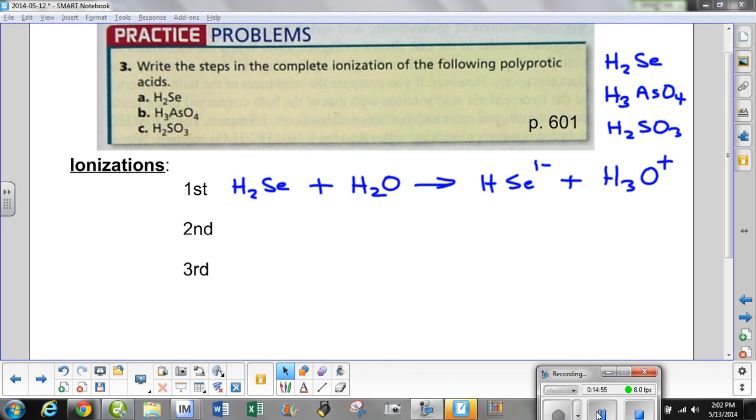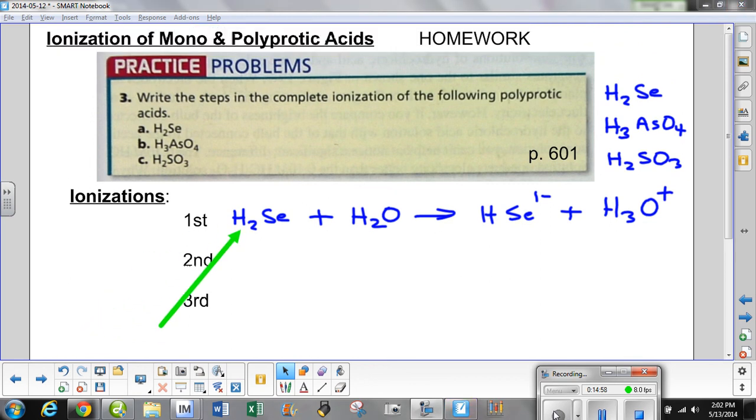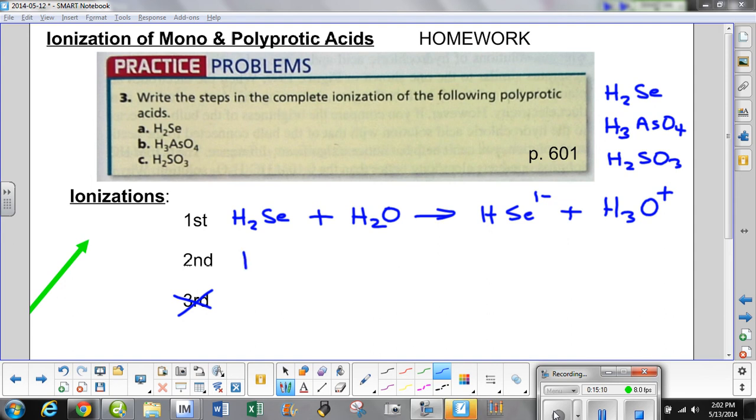Here, let's stop this. Okay, again, we have 2 hydrogens. Because we have 2 hydrogens, we can only have 2 ionizations. There's no third ionization. Okay. So the next guy down is HSe, and that's a 1 minus.